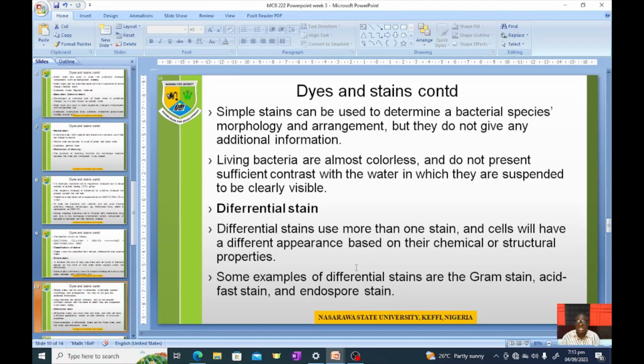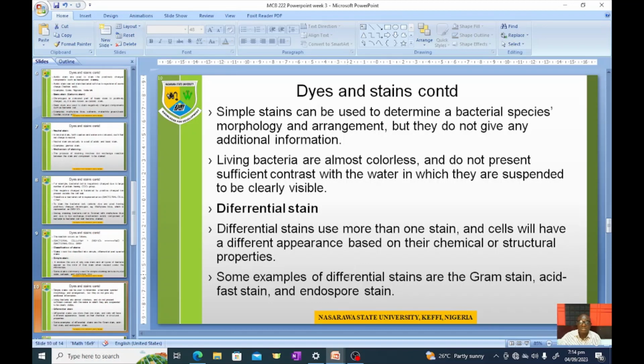But with the use of stains, even just one stain, at least it can give the contour and the morphology, and whether it is a rod or a coccus can be seen. But internal details and any additional information may not be seen.